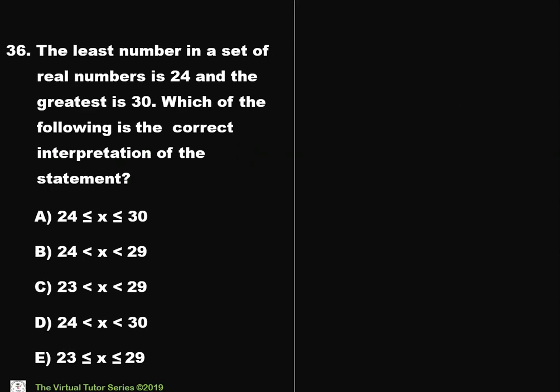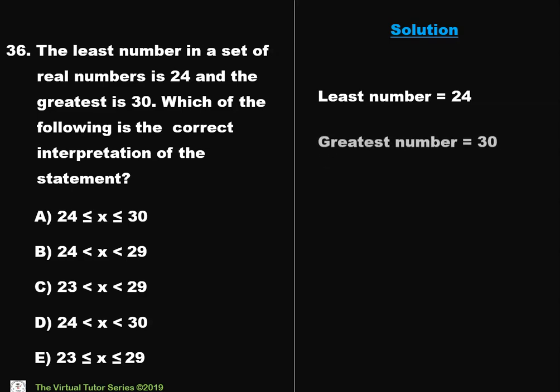Question 36. The least number in a set of real numbers is 24 and the greatest is 30. Which of the following is the correct interpretation of the statement? Solution. The least number we are told is 24 and the greatest number is 30.